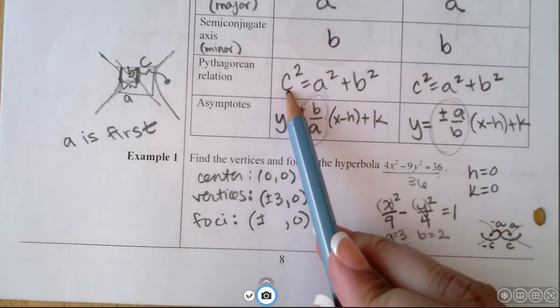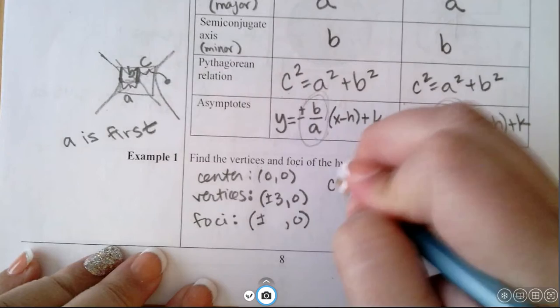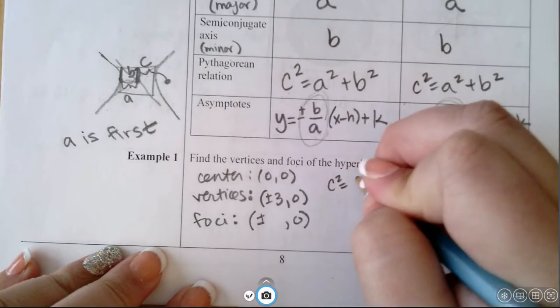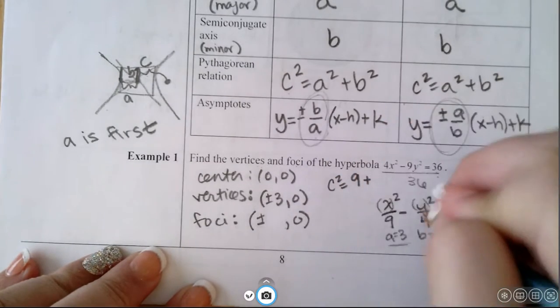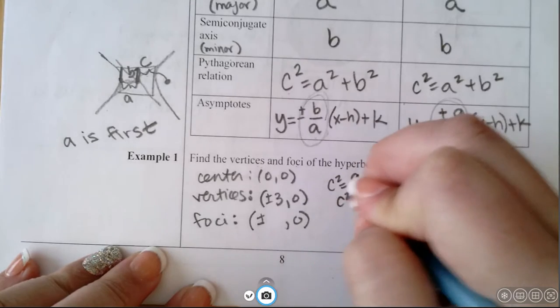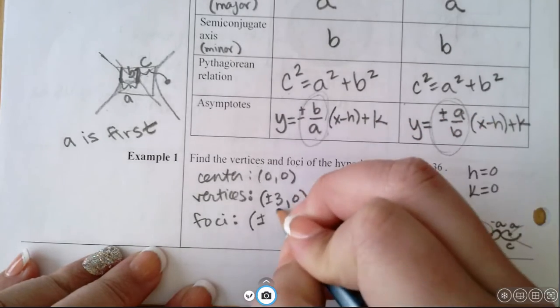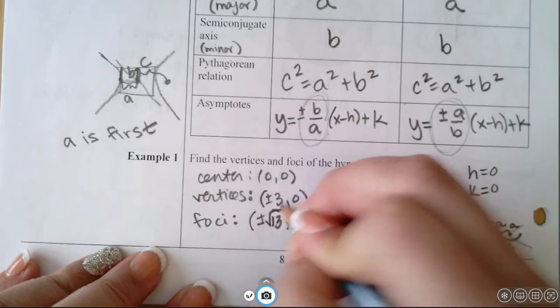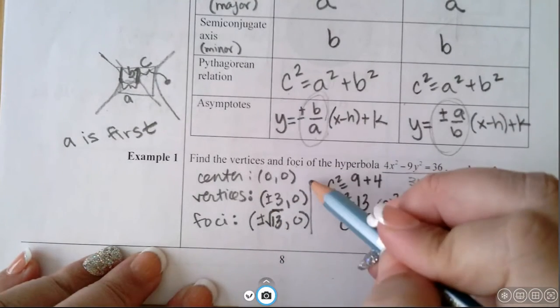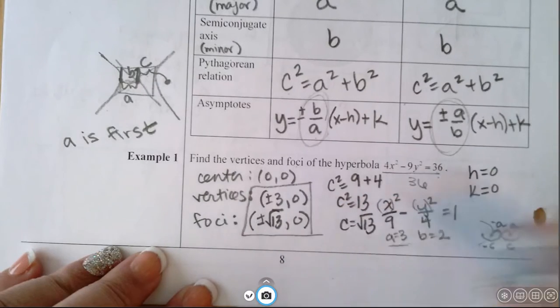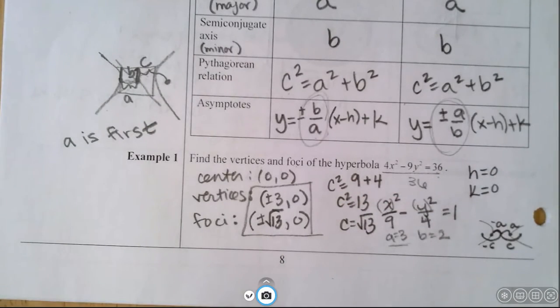Well, we use our Pythagorean relation, and we say that C squared equals A squared, which is 9, plus B squared, which is 4. So C squared is 13. So C is the square root of 13, and that's what goes here. So we have the center, vertices and the foci, but we didn't really need the center, so I'll leave it out of the box.